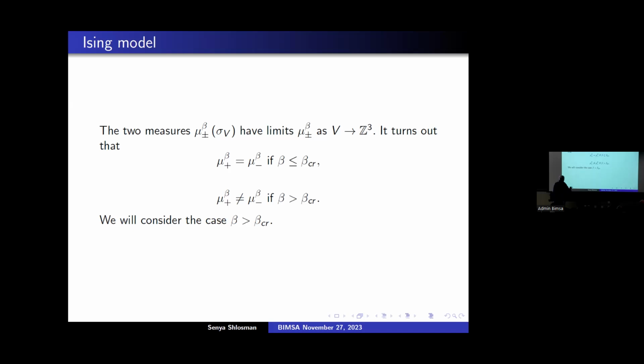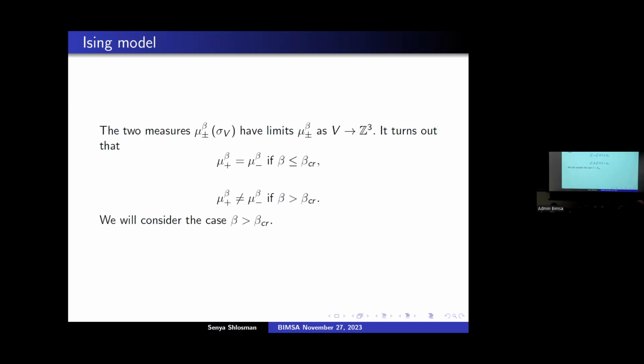Okay, and so we'll stay in this region of low enough temperature, below the critical temperature, and we want to see what is going to happen there. As you see, we have two phases. One is called positively magnetized, and the other is called negatively magnetized.